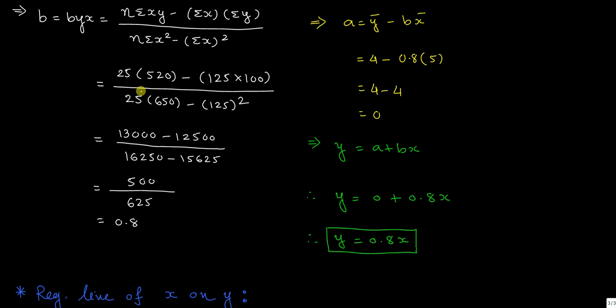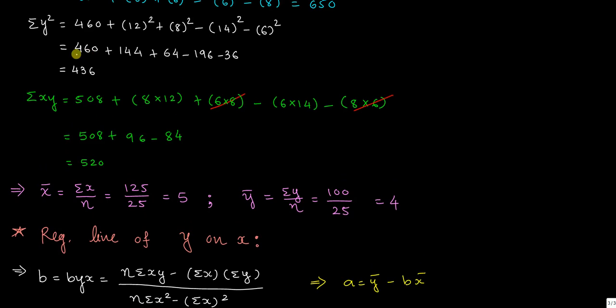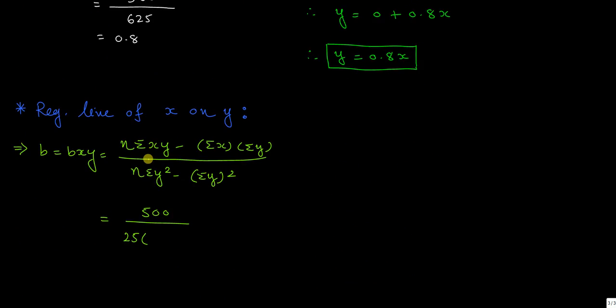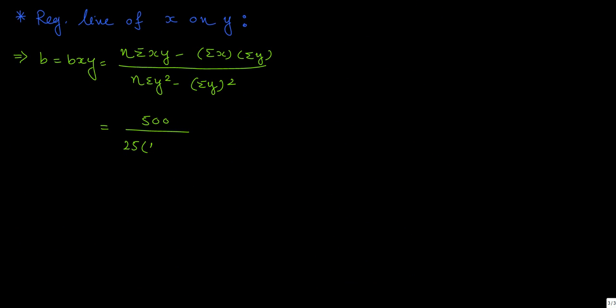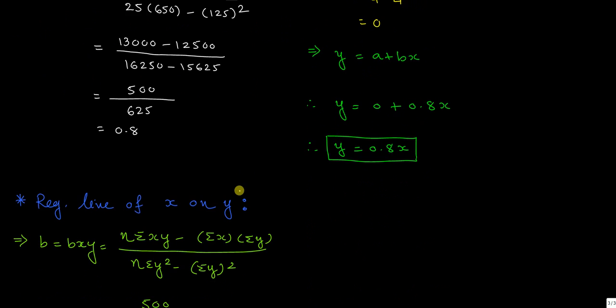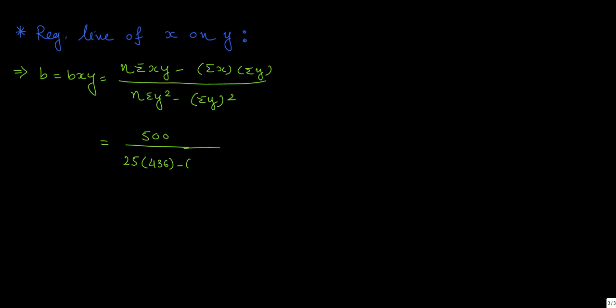Sigma y square, correct value of sigma y square. Yes, it is 436. 436 minus sigma y whole square. Sigma y, I think it is 100. Okay. 100 whole square.